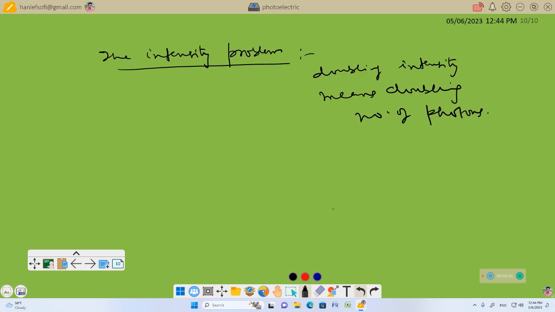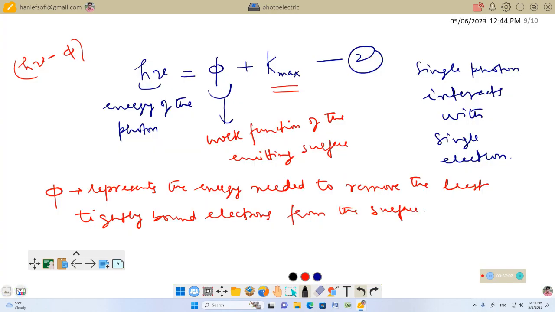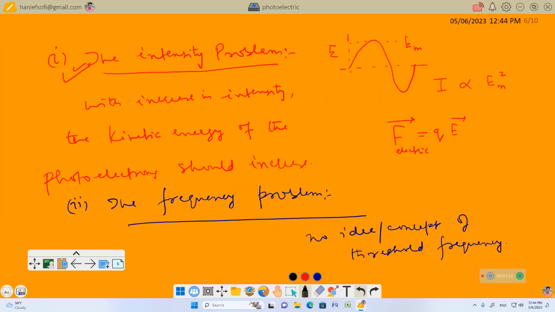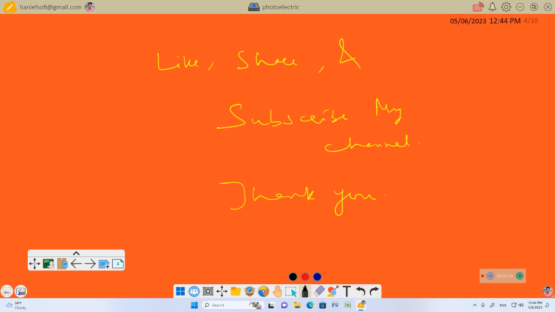So, according to photon theory, when we double the intensity of light, we are doubling the number of photons striking the matter surface. That means they will interact with double the number of electrons. So, saturation photoelectric current must increase as we increase the intensity of light, as is the observation from the experiment.